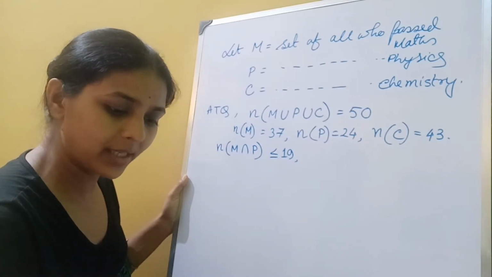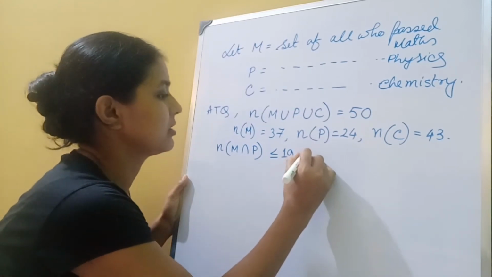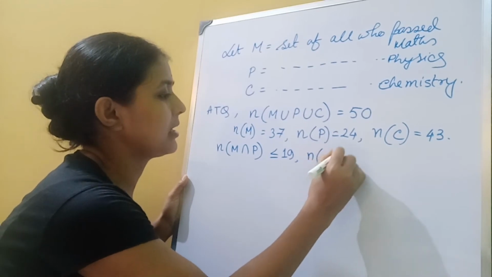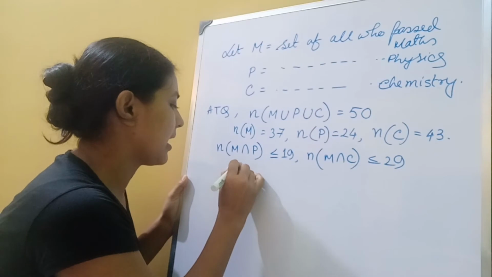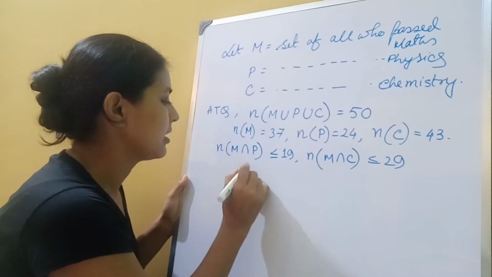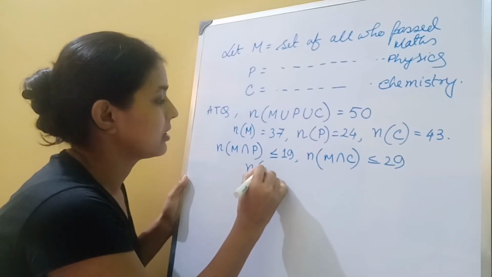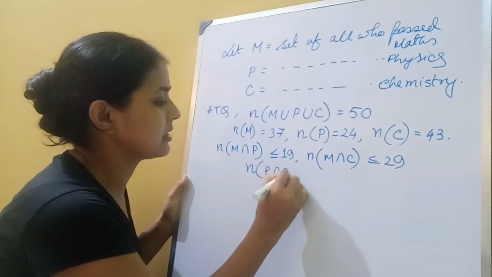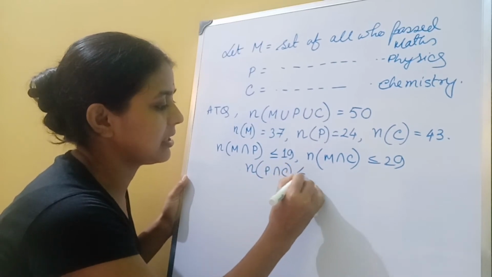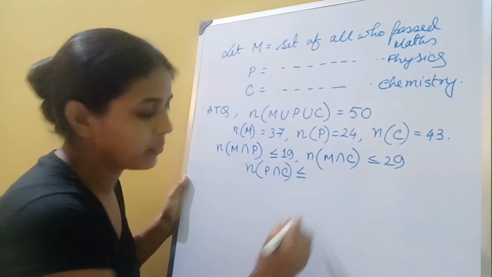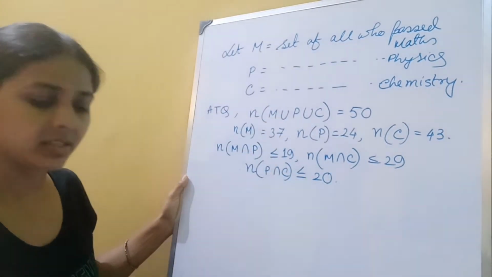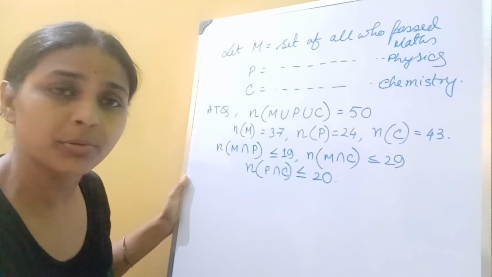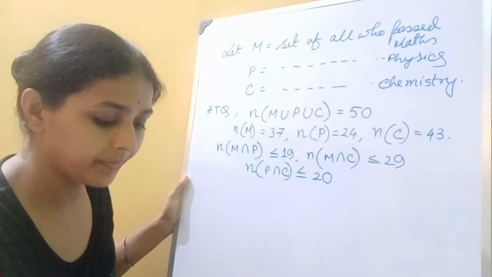Then at most 29 mathematics and chemistry. So n of M intersection C less than or equal to 29 and n of P intersection C, physics and chemistry, less than or equal to 20. So these are the given conditions based on which we will be proceeding further.